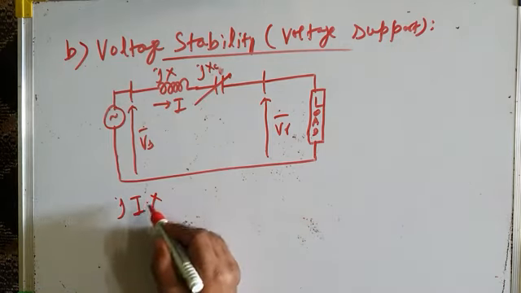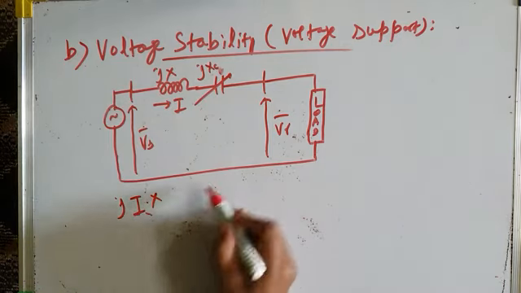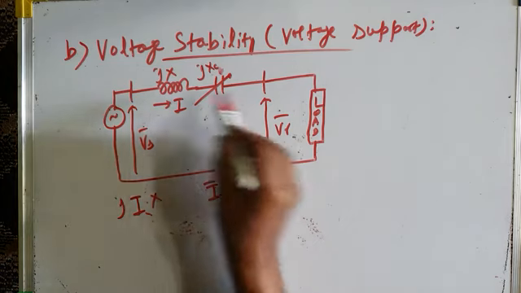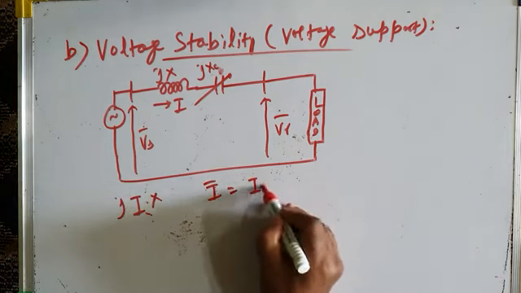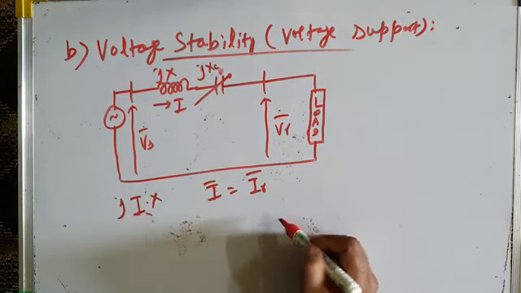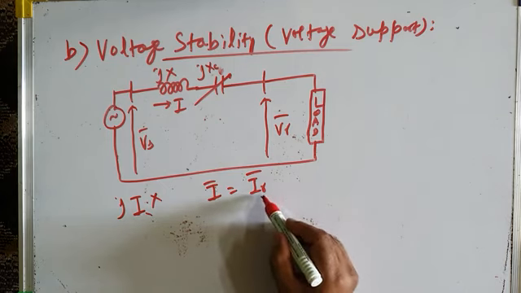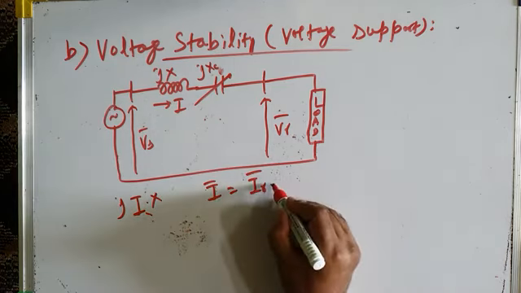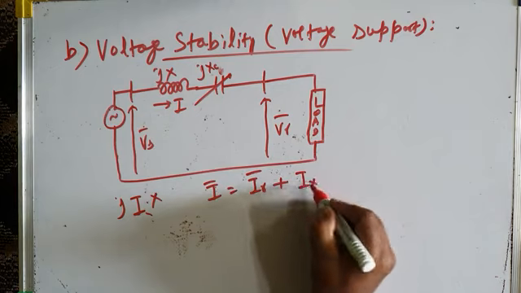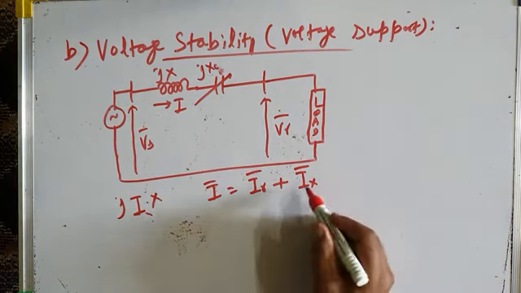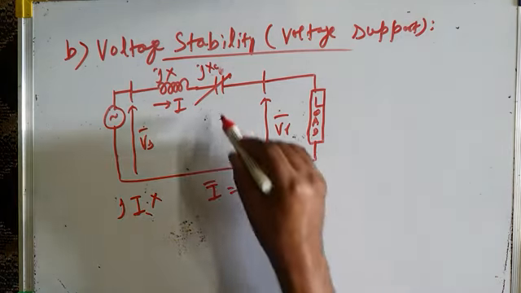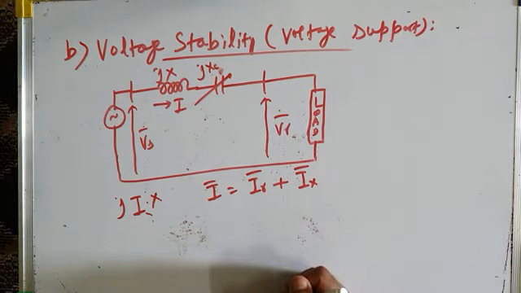As far as this current I is concerned, it has a resistive or in-phase component IR, which represents the real power consumed by the load, and a reactive or quadrature component of current IX, which represents the reactive power drawn by the load.